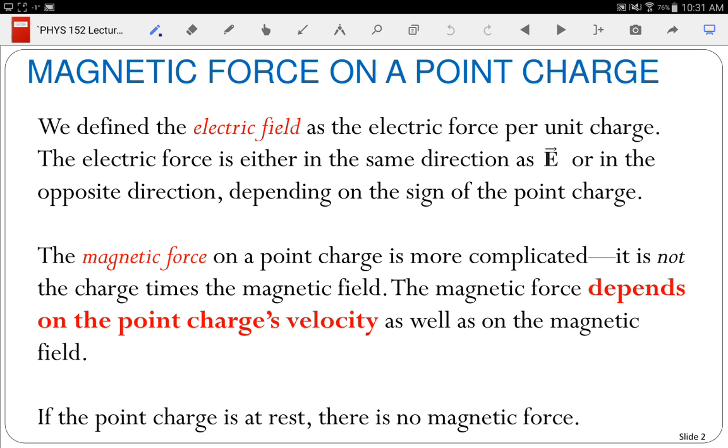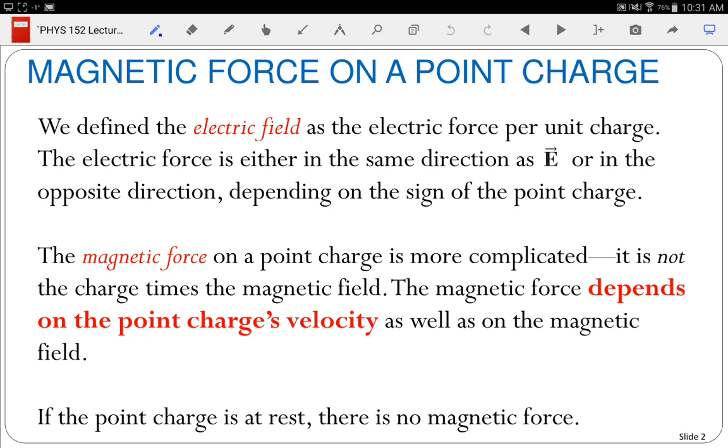We will at no point talk about the force between two magnets. We will only talk about the force on a charge moving in a magnetic field, for the simple reason of difficulty.